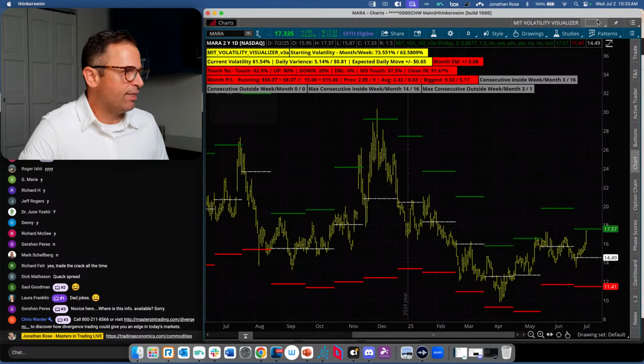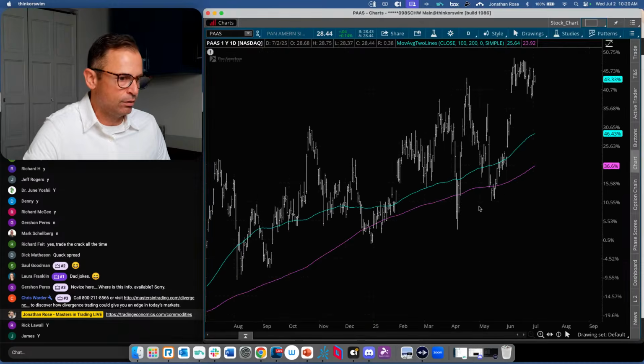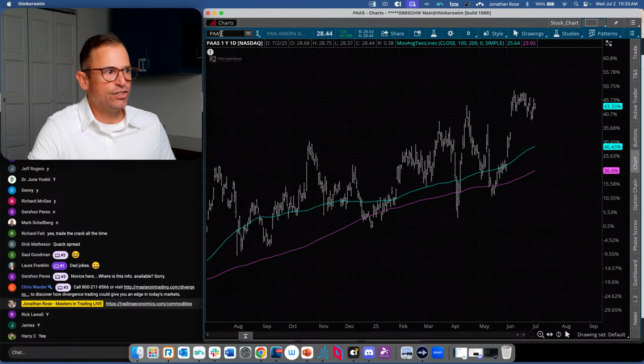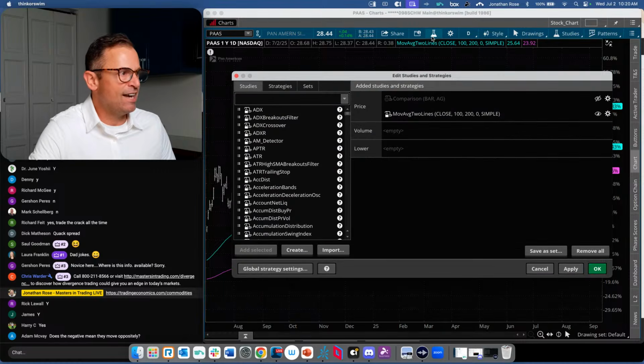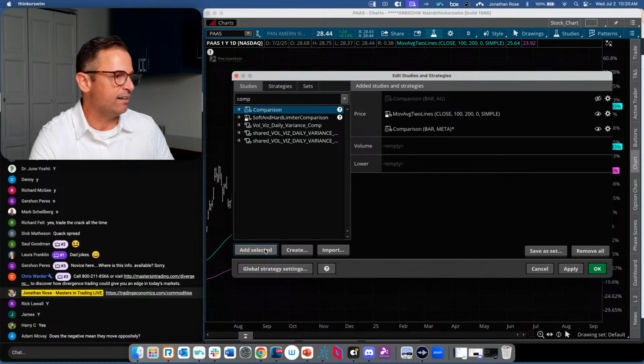I'll do this example in Thinkorswim, but you can do this example in any trading platform that you have. PAS is a silver company. If I hit the beaker here, if I go to comparison, add selected.